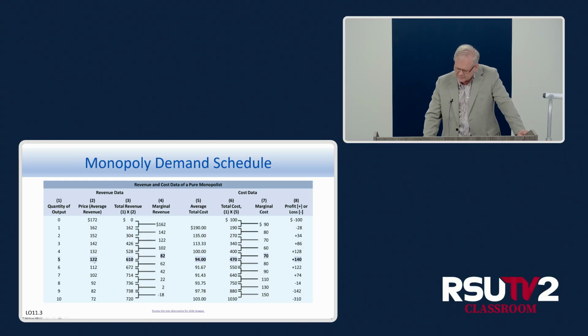So that's why this is blocked in. This gives you maximum profit. So you go over here to the right, and you'll see that this number is the biggest it can be. Profit is the largest when you get marginal revenue, which is between these two numbers, around the 5th unit, equal to marginal cost.